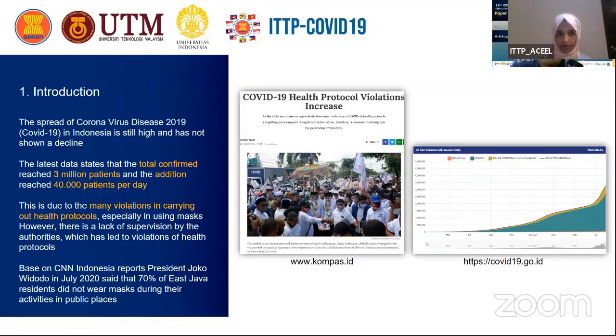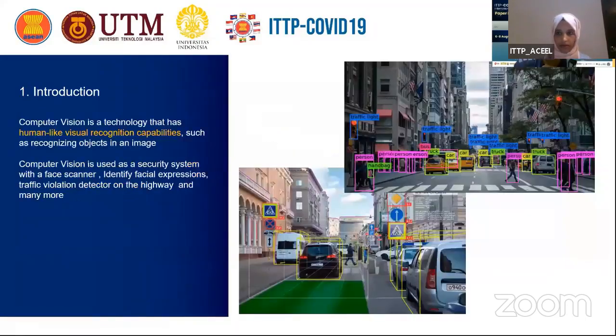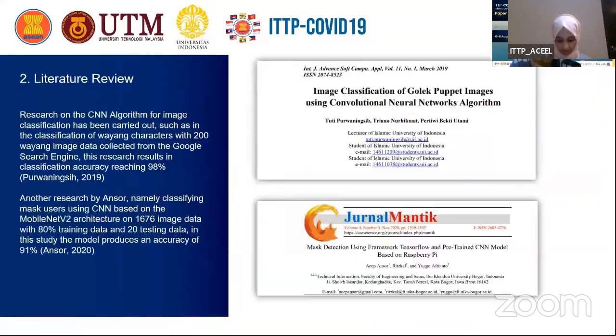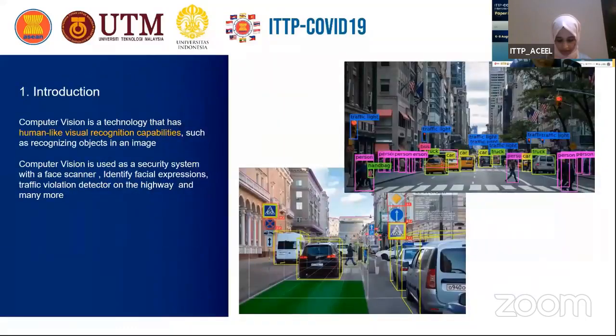We have a solution to this problem, and computer vision technology is one of the solutions. We know that computer vision technology has visual recognition capability, such as recognizing objects in an image. Computer vision is used in security systems with scanners, identifying facial expressions, traffic violation detectors on highways, and many more.